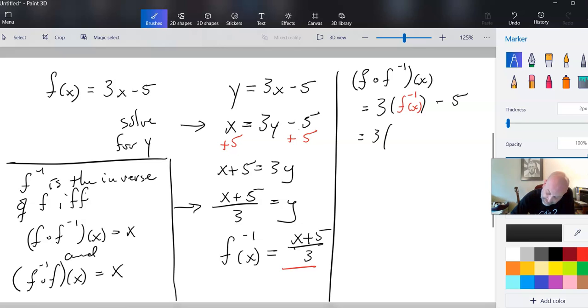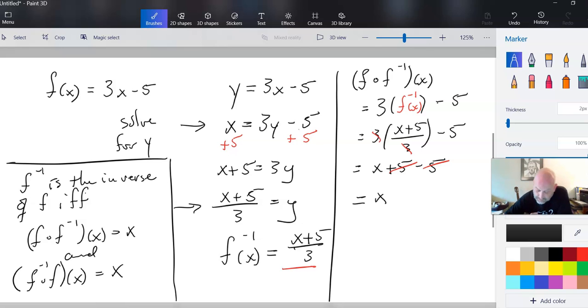So that's 3 times (x plus 5) over 3 minus 5, right? I can cancel the 3's here, and that'll give me x plus 5 minus 5, and then plus 5 minus 5, those guys kill each other, and I just get x. And that's good. That's what we want to see.